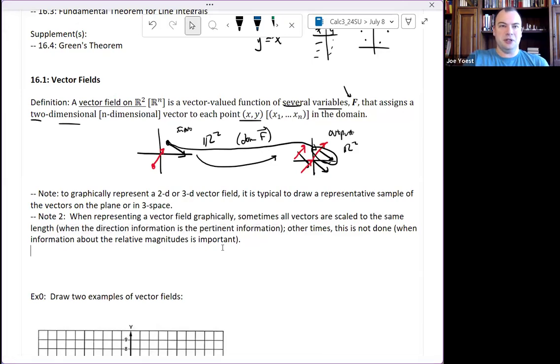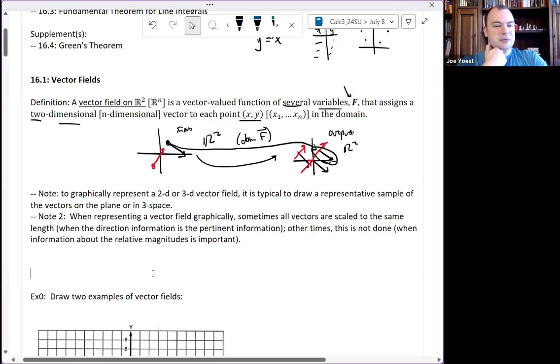Shorter vectors appear shorter and longer appear longer. But quite often, if you keep that proportional representation, the thing just ends up looking like a jumbled mess where there are too many vectors crossing over each other and so on. So often they're scaled down to get really the direction information and maybe lose some of the magnitude information, but at the benefit of being more readable.